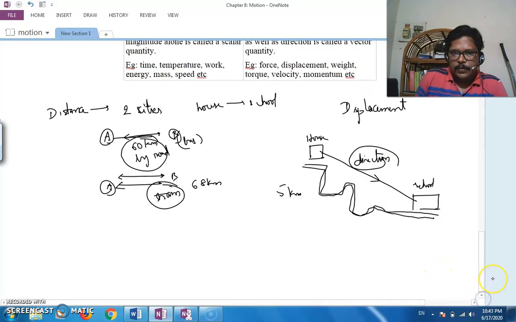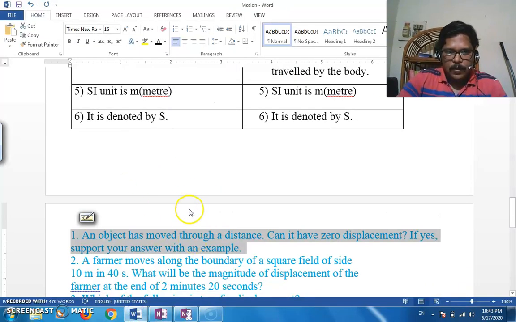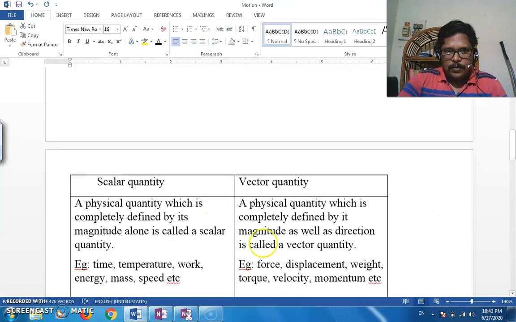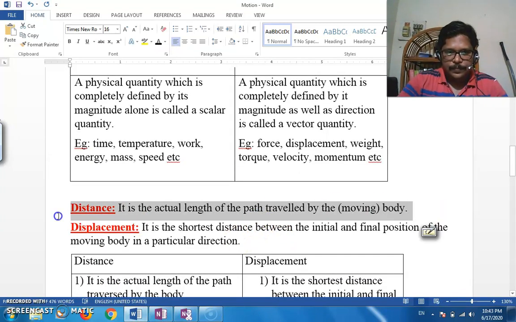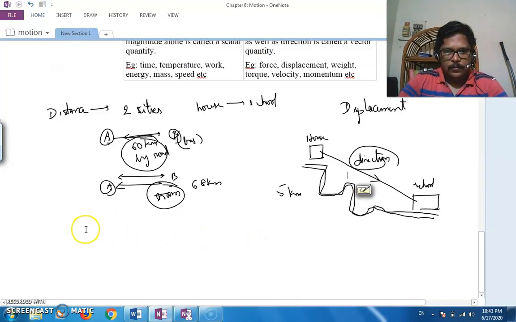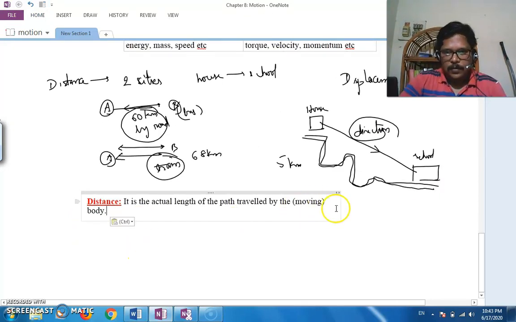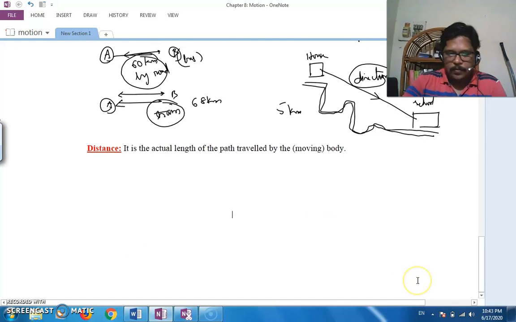Let me put the definitions of distance and displacement in front of you. Distance is the actual length of the path traveled by a moving body. Let me draw the path here.